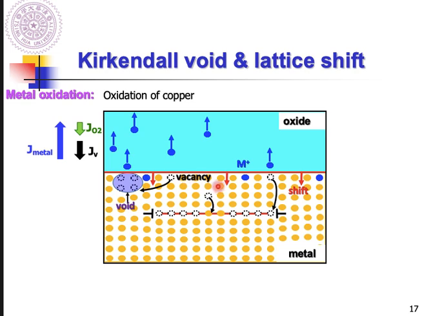And if we want to investigate this phenomenon at the micro scale, let's take a look at what happened inside these materials. First of all, you already confirmed that this is the Kirkendall effect. So in this oxidation process, you can definitely observe void formation, right?